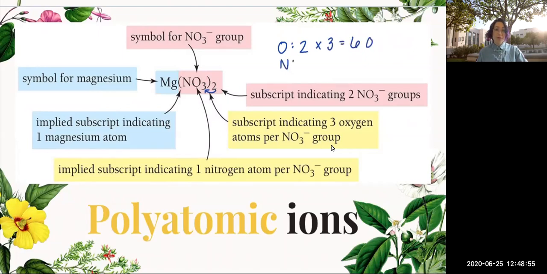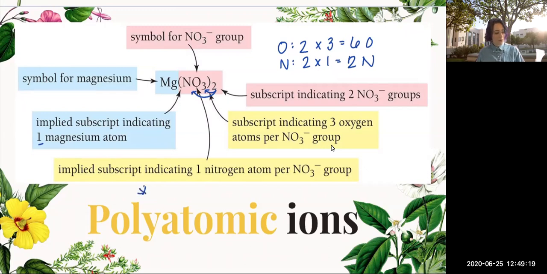If I wanted to know about the nitrogen atoms, well, there's 2. And then no subscript means 1. So that's going to be 2 nitrogen atoms. And then there's no subscript for the Mg, so there's just 1 magnesium atom here. So we can distribute anything inside parentheses with the number that's on the outside of the parentheses.